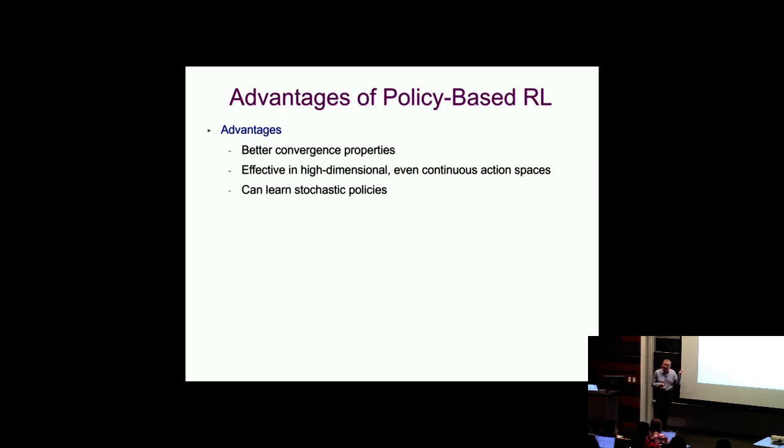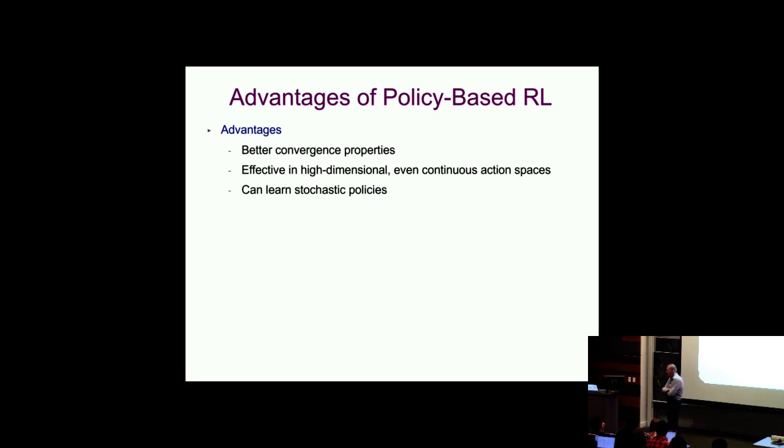Also, we can learn stochastic policies. The way we've been talking about using value functions is not very stochastic. Well, we talked about using a parameter epsilon to define the probability that we'll take a random action versus the action recommended by the policy.